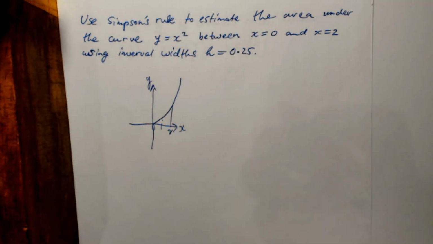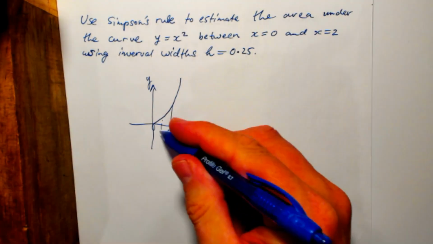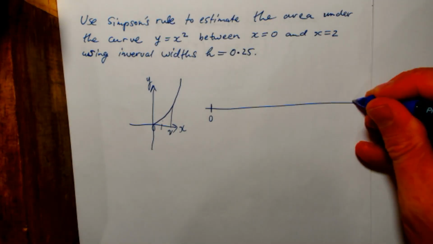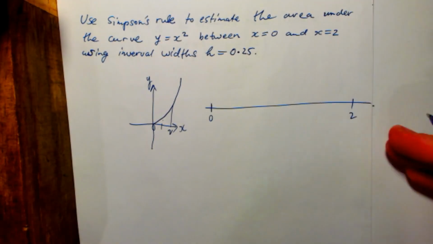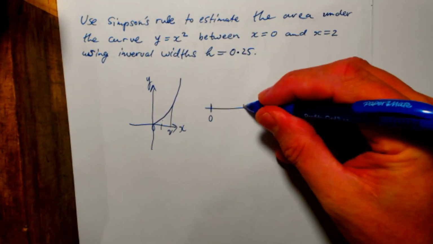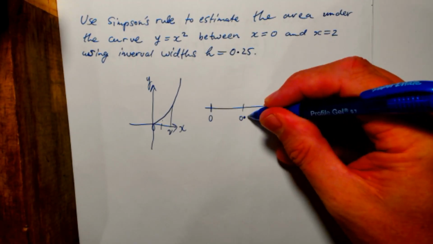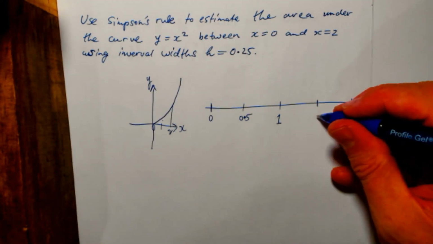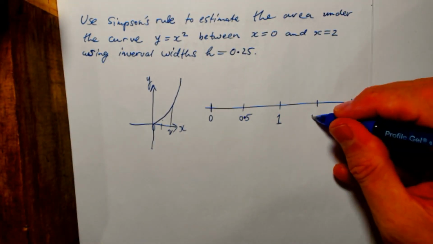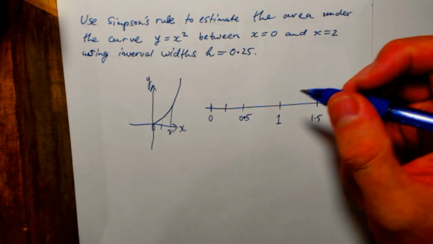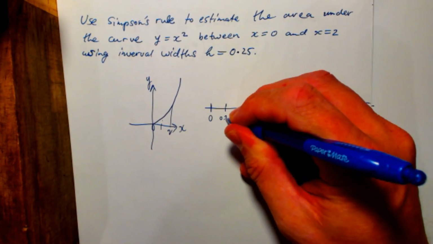Okay, now what I would do normally is sketch this interval from 0 to 2 out a bit wider and indicate where each of the points on the x-axis are that we're going to evaluate the corresponding y values. So this is 1.5, and then we're using step sizes or interval widths of 0.25.